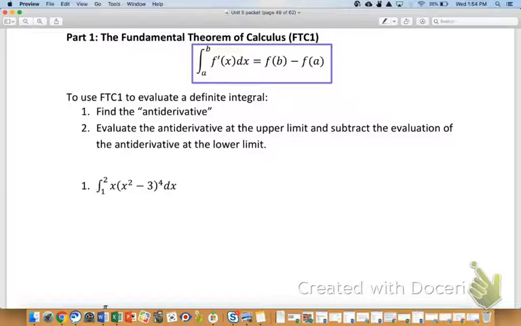Okay. And then notice how this b has dropped in as the input, and then this a has dropped in as the other input, and there's subtraction. So when you look at these ideas down below to use FTC1, step 1 is to find the antiderivative.